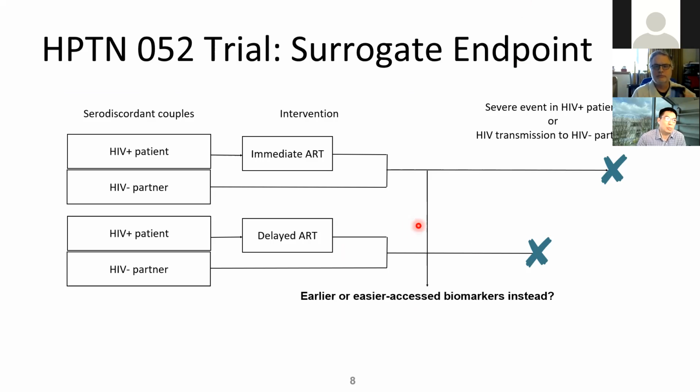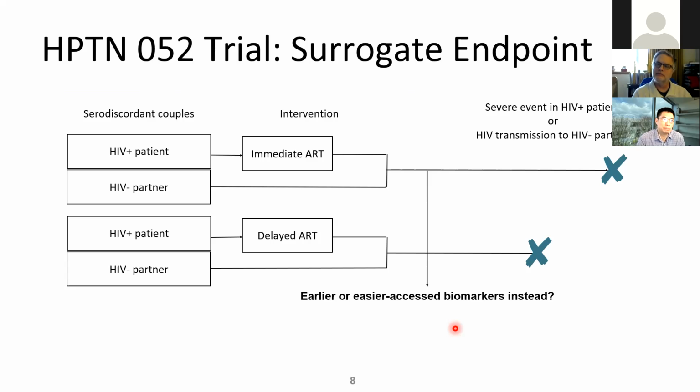So what kind of surrogate endpoint should we look at for a trial like this in HIV settings? I know we have a lot of discussions in literature and in practice, so what should we do? And the interesting thing is, even though there is some agreement, how do we assess or compare surrogate endpoints?